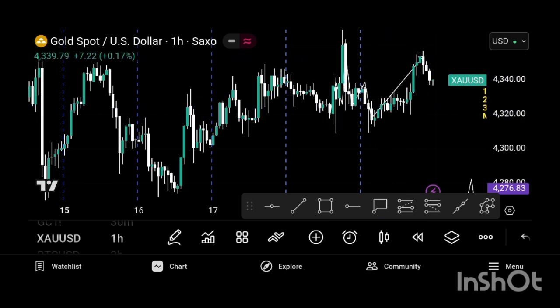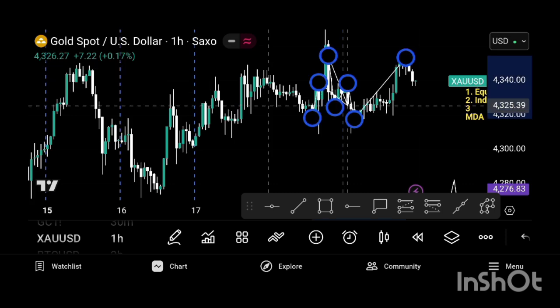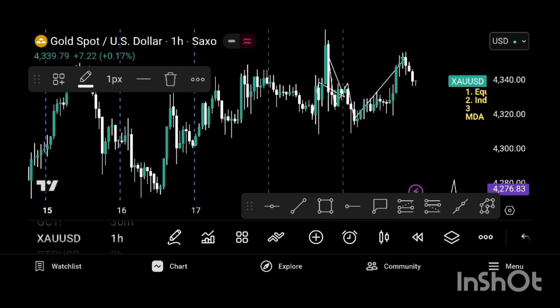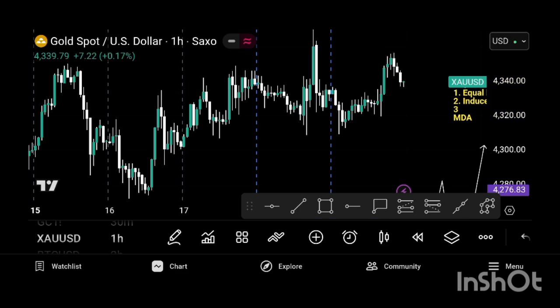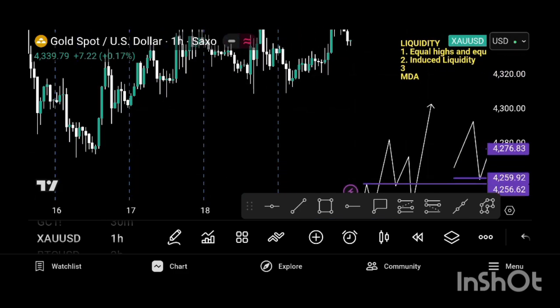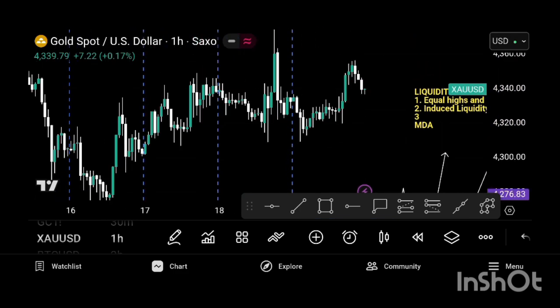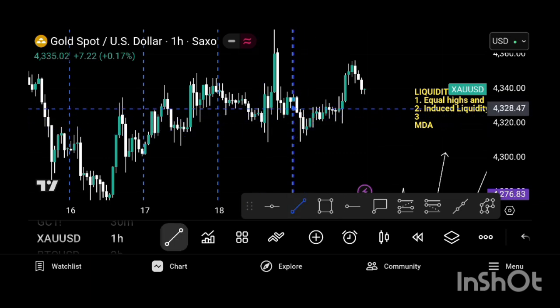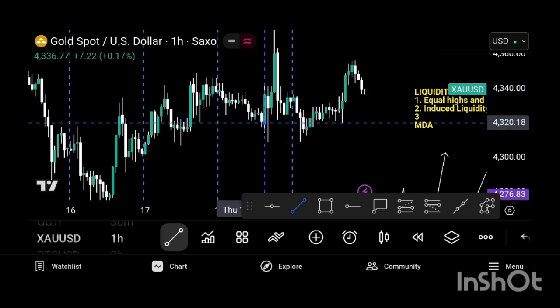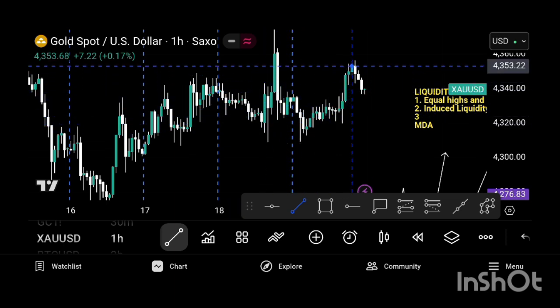If I bring this out, you see that it's the same with what I drew earlier, right? So it's something similar to this. So the first buy from here is inducement, then it came back to the apex before the main buy. So this is an example of inducement liquidity.